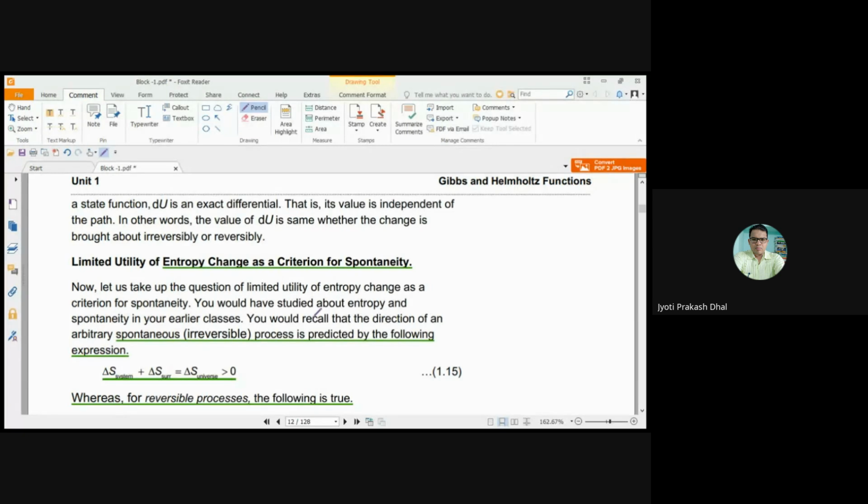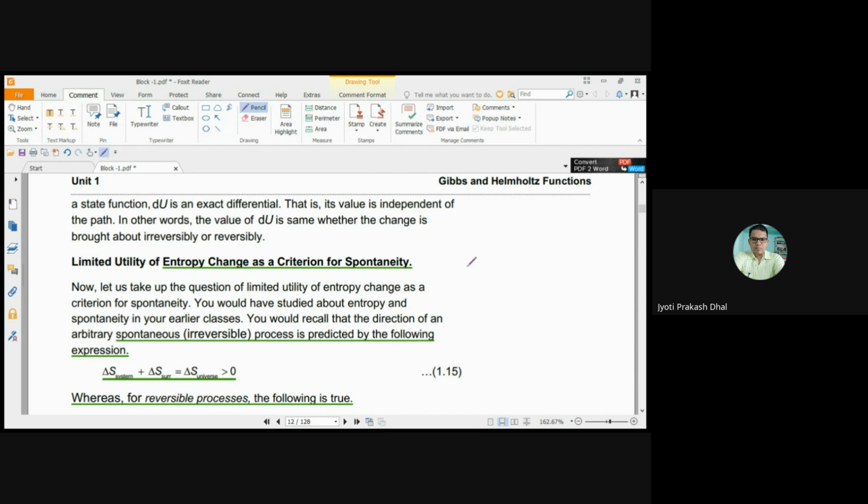Now again we will move to the criteria for spontaneity of a process. At the graduation level, you have studied that entropy may be a criterion for spontaneity of a process, but here we will discuss that although entropy is a criterion for spontaneity, its utility is limited, as we cannot always apply entropy as the criterion of spontaneity.